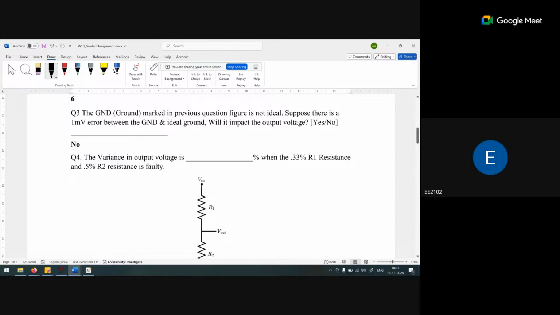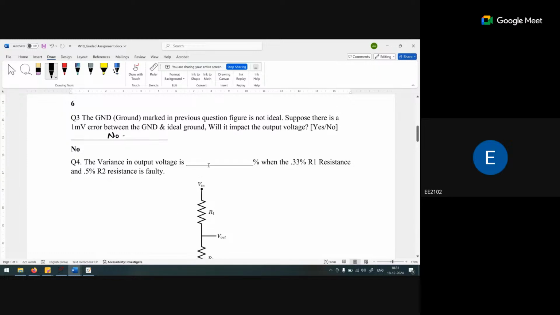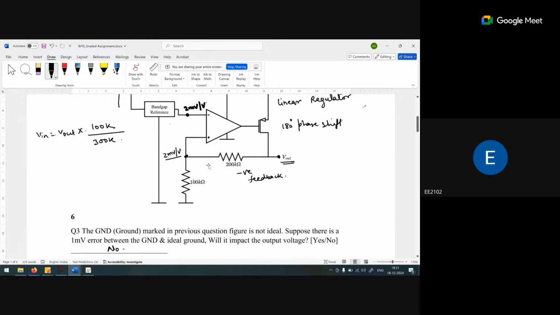Basically, it will not impact the output voltage, because if only this particular ground behaved as a 1 millivolt source, then there would be a change in the output voltage. But every ground, this ground 1 millivolt, this ground 1 millivolt, so every ground will be at 1 millivolt. So there is no particular effect of this.